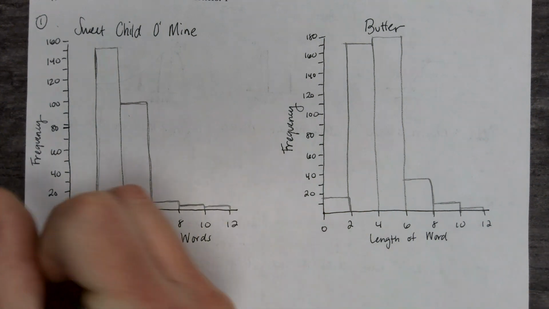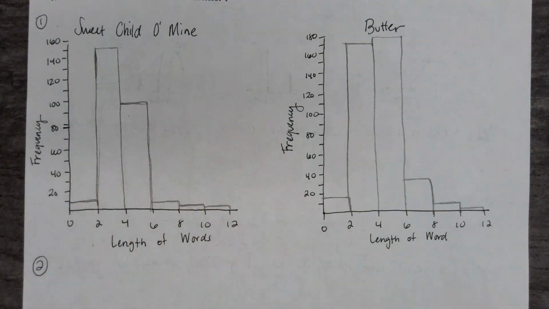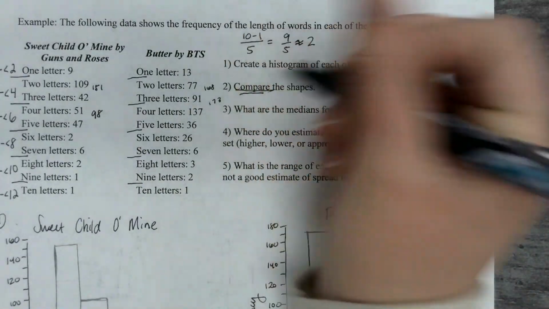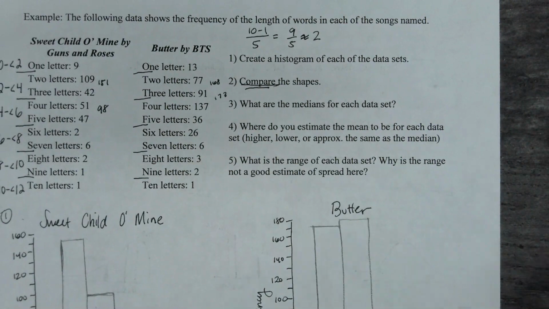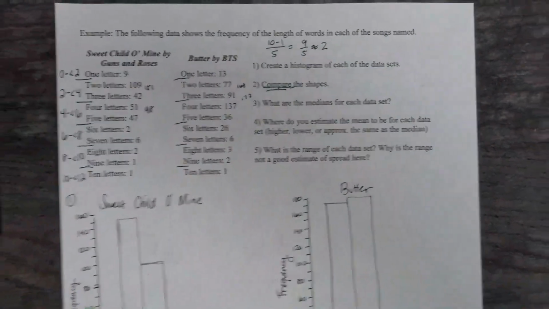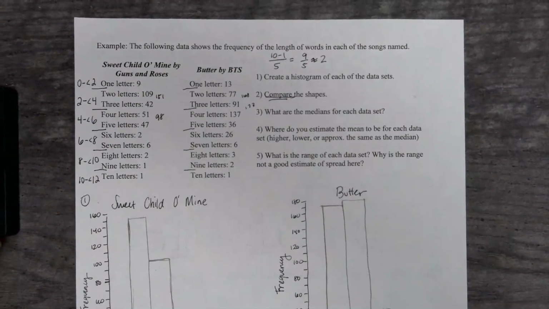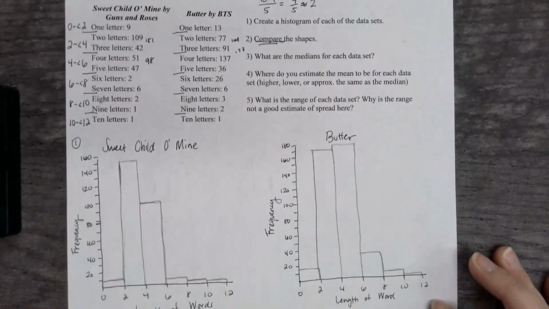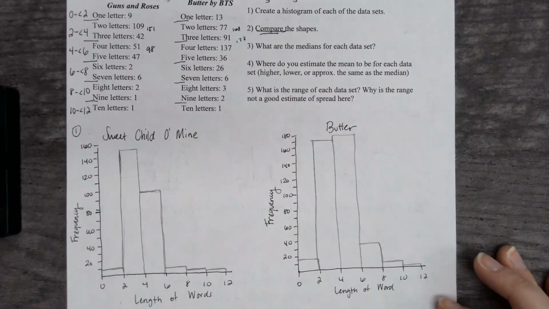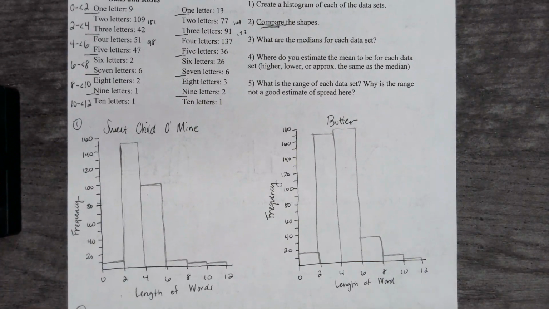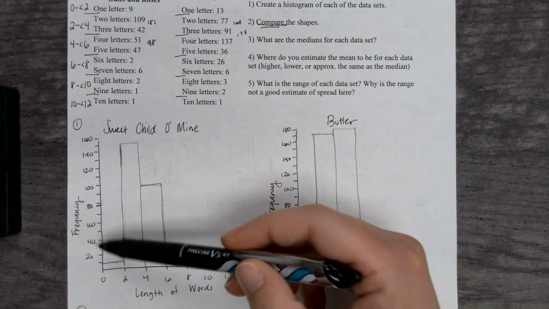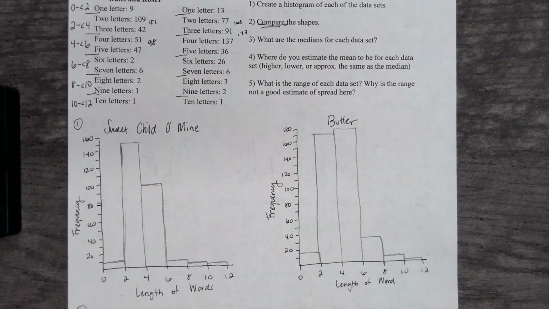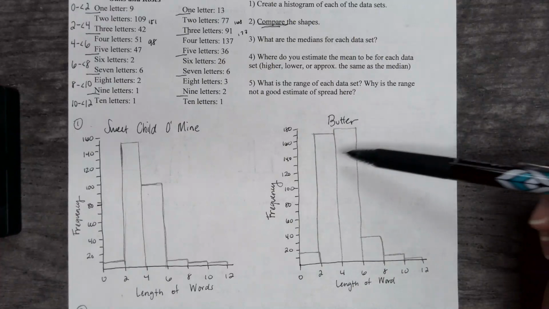Looking at the second question, it's talking about comparing. When you compare the shapes of the distributions, we're going to make sure that we take a look at comparative language. So comparing the two different shapes, we want to look at the shape of the distribution itself. Looking at this, both of them are skewed right, and both are unimodal.